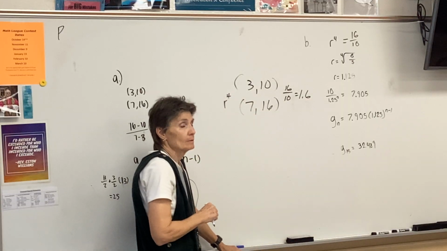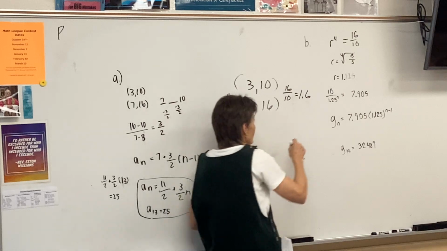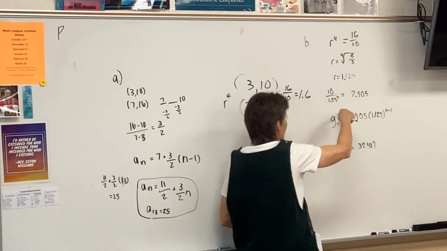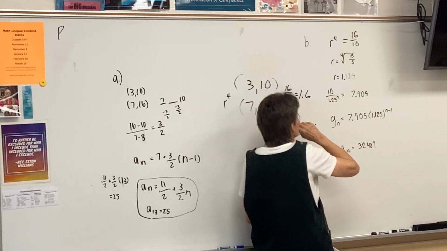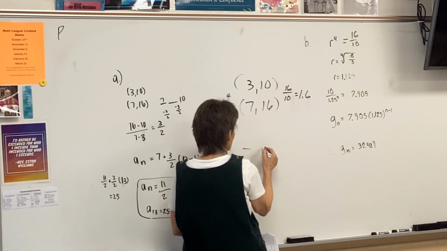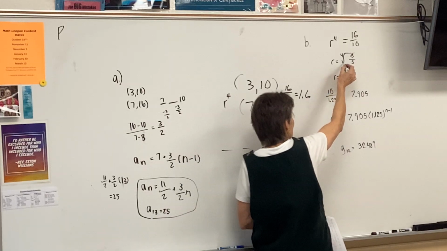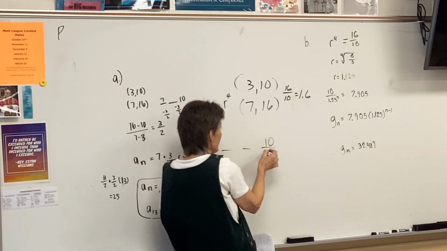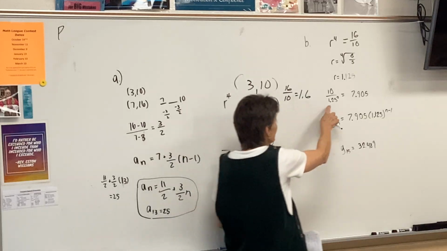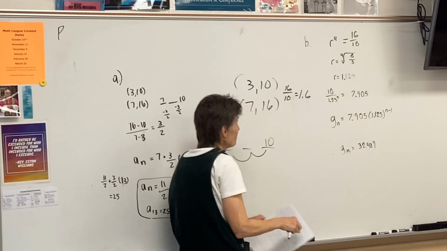Does that make sense to everyone? And then, what's this, Charlie? That's me getting the first bite. So he says, I know my third term is 10, and I'm multiplying by this to get from term to term, so he divided by 2 of those to get his first term.